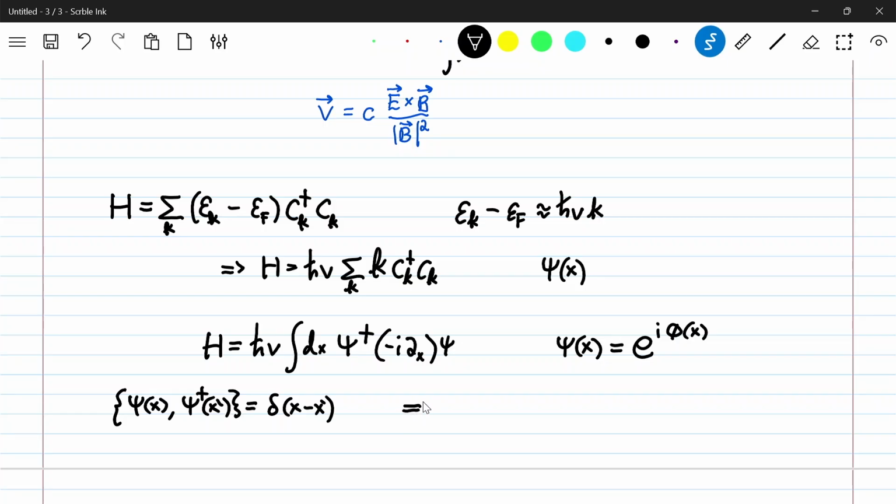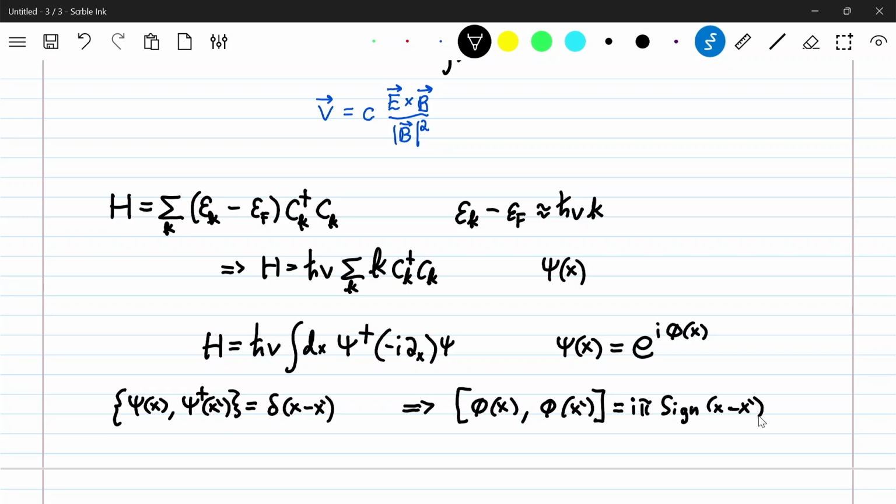This implies that if I insist on writing the fermion operator like this, phi will have to obey very strange commutation relations. Okay, so phi of x does not commute with phi of x prime, and their commutator is i times pi times a sign function of x minus x prime.